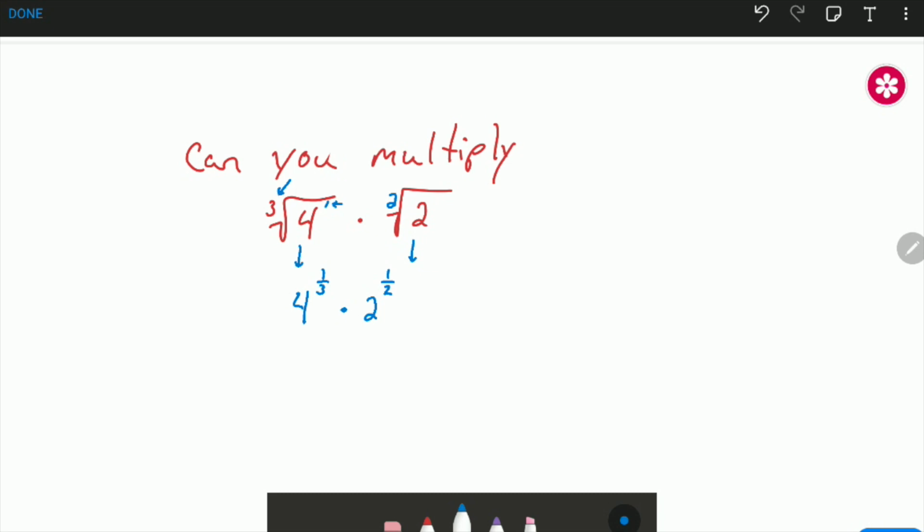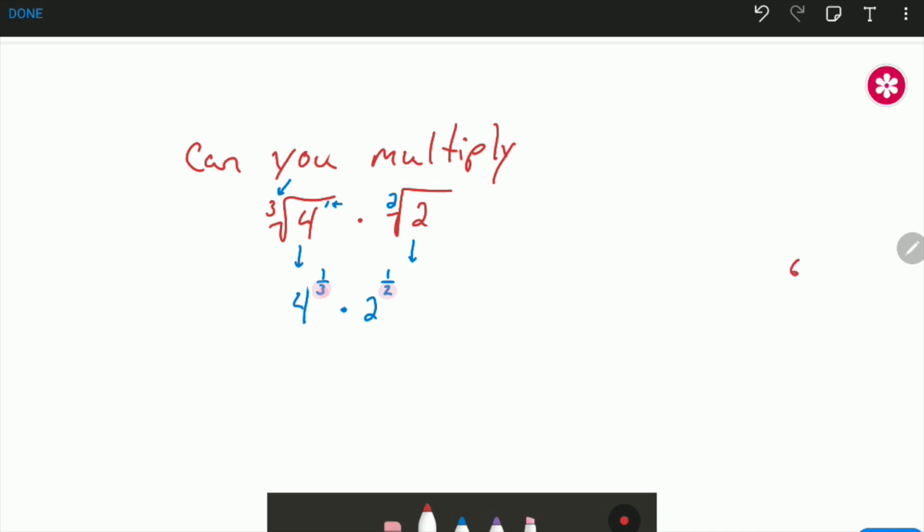Now, I want the indexes to be the same. The indexes are the bottom numbers on these fractions. So that's what I'm going to focus on. Could I change it in a way of finding a common denominator to make those bottoms the same? Well, yes. The common multiple between 2 and 3 is 6. So I want both bottoms to be 6.